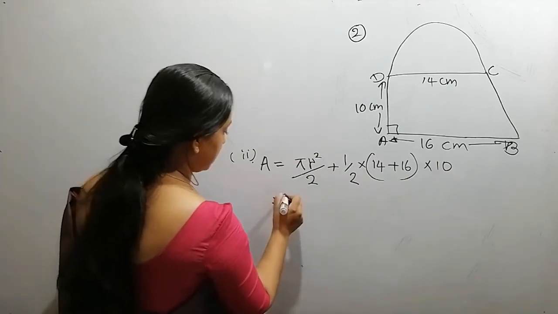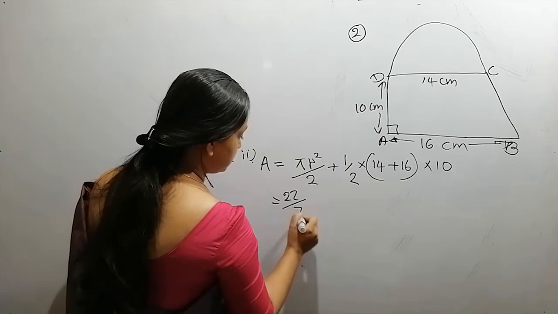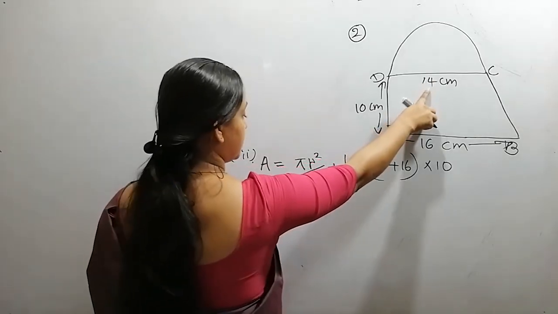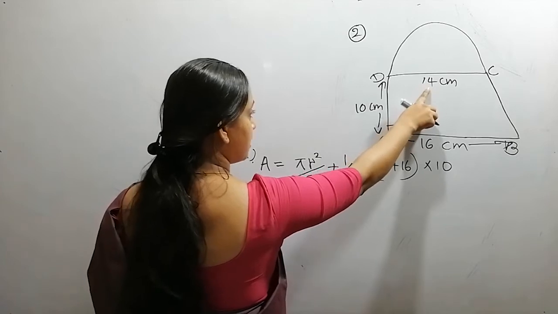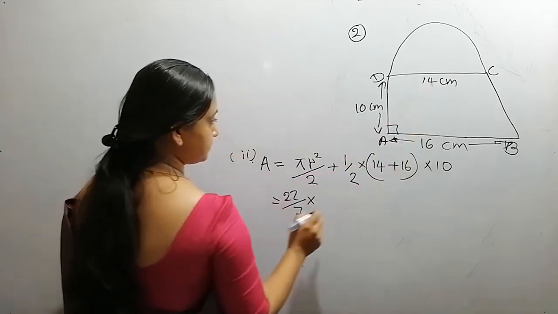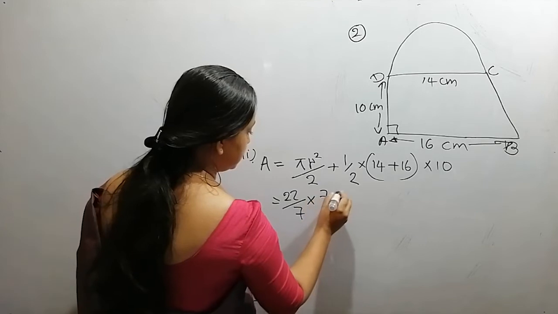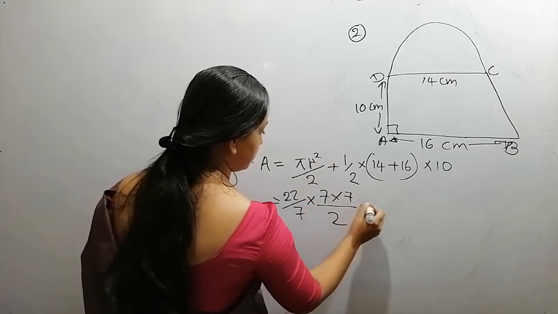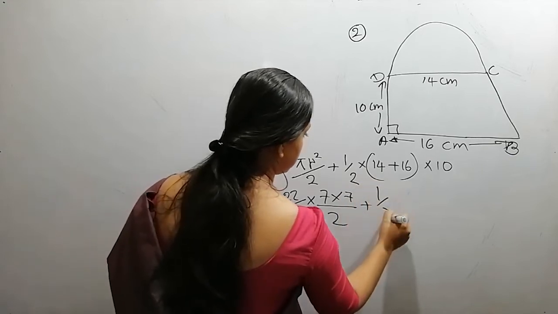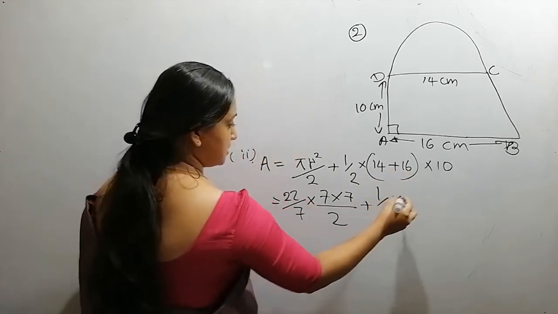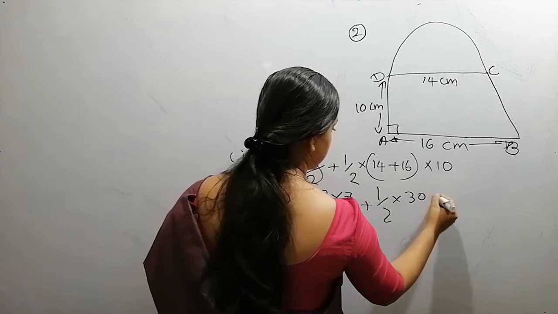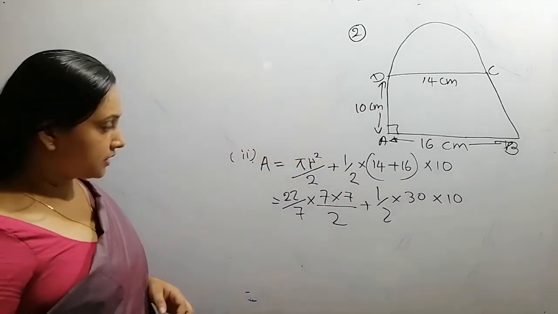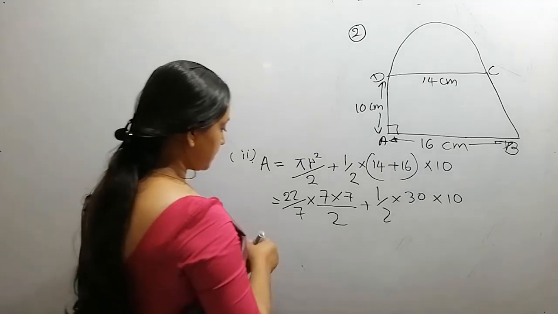We have to simplify. Pi means 22 over 7, into r squared. Here the diameter is 14, then the radius is half of this, it is 7. Then 7 into 7, divided by 2, plus half into 14 plus 16 which is 30, into 10. Then we can simplify.